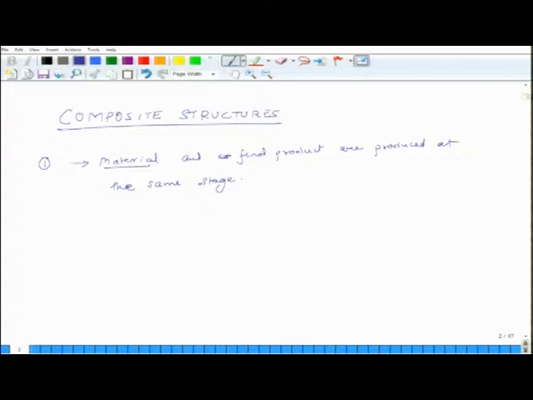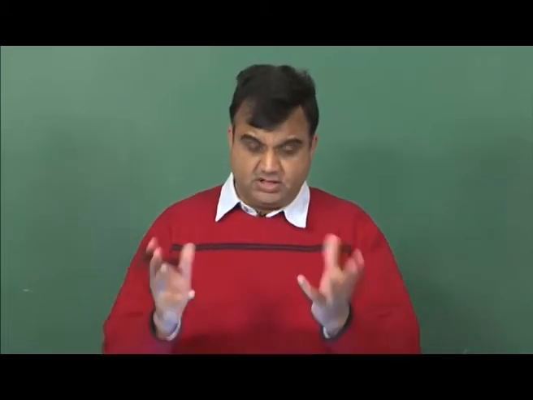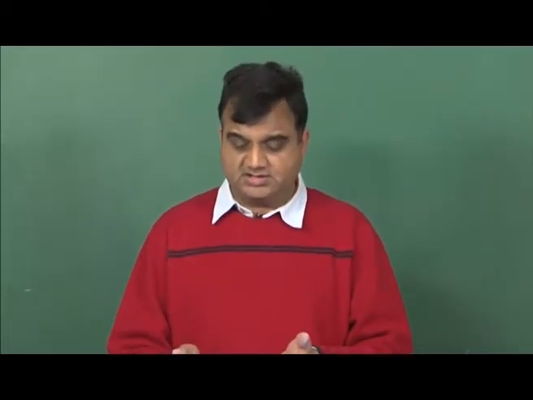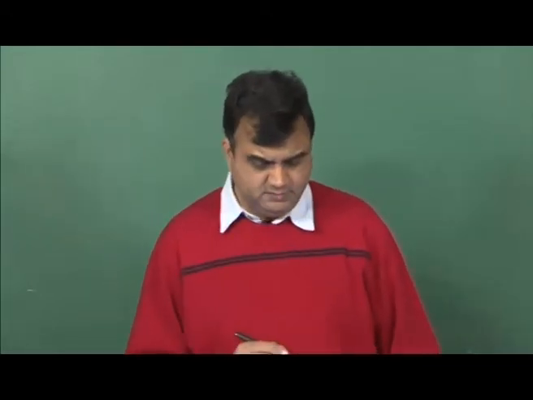So, it is not that you first produce the composite material and then provide shape to it and make a table out of it. It is that as you are producing the composite material, at the same time you are also putting it in the final form, and that is how you are producing a table made up of composite material. So, this is the first scenario.